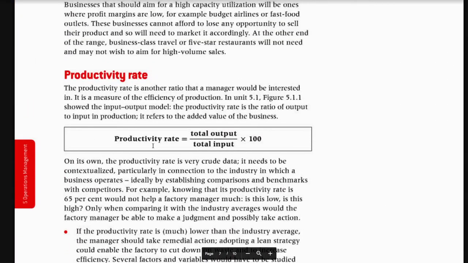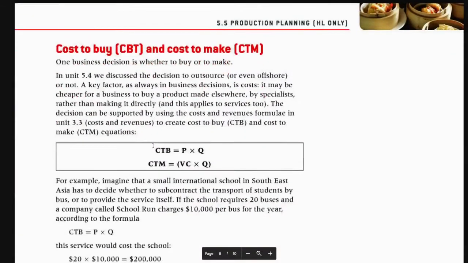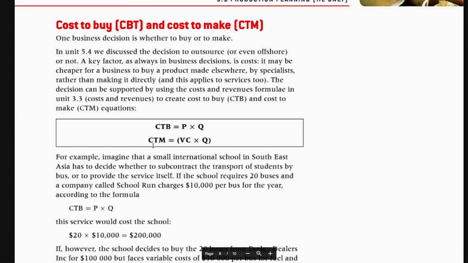We'll also have another calculation here called labor productivity rate. It's how many labor hours you put in and what the productivity rate of labor is, so either number of workers or number of hours. Finally, cost to make versus cost to buy.